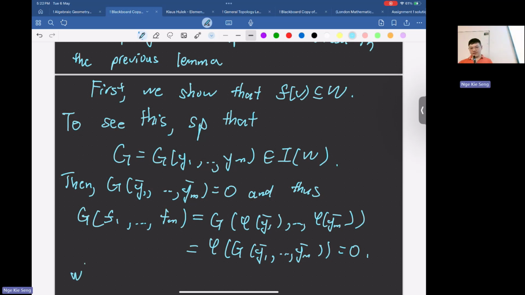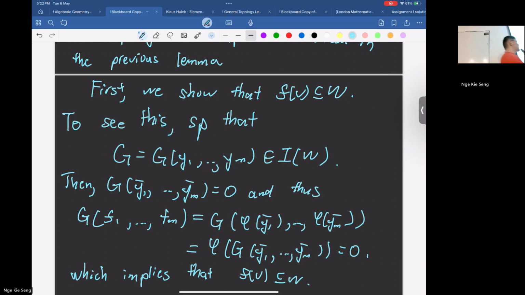If we can pull the phi out, then actually we are done. Why can we pull the phi out?